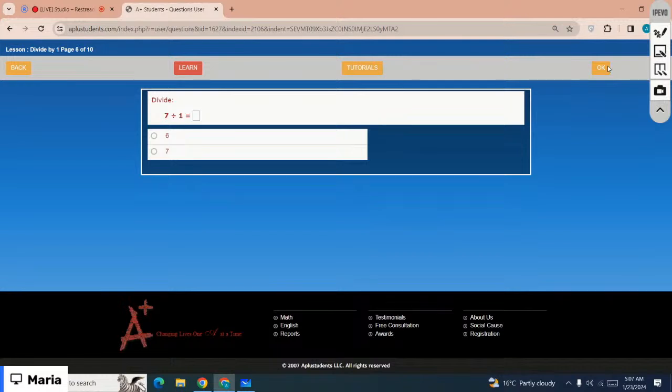So 7 divided by 1 equals 7, right? You can complete the lesson by yourself later today. This is a very easy lesson. Any number divided by 1 equals the same number, right?